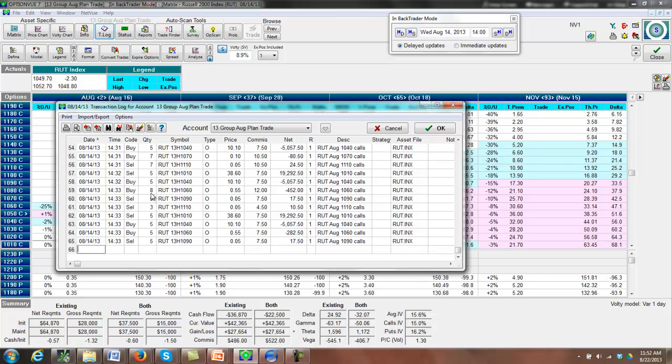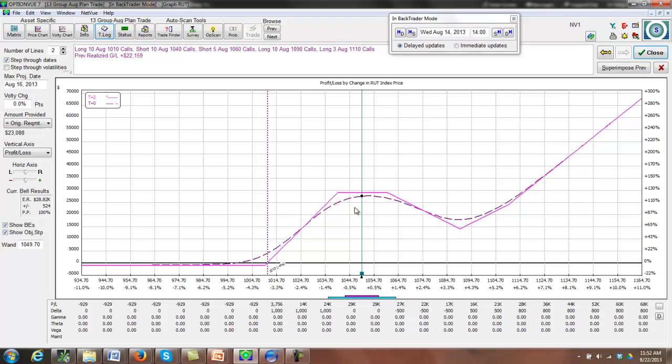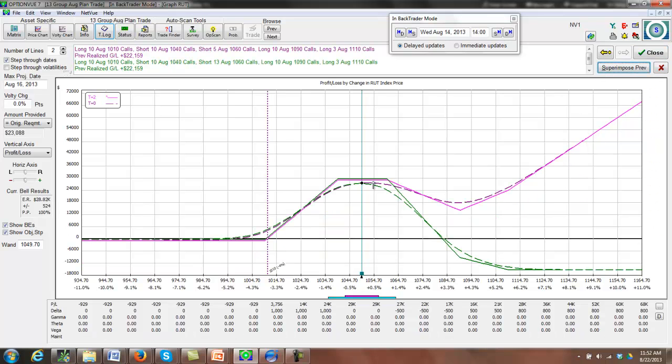So I came in here from there. We bought 8 of these 1060s. Again, our delta risk is still very, very good here. If you look at our previous graph, it was here. If we look at our new graph, it was here.